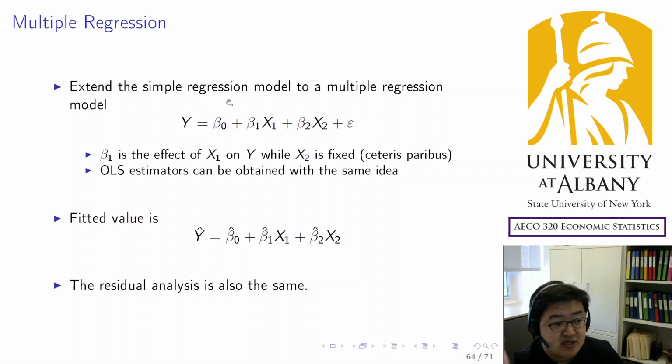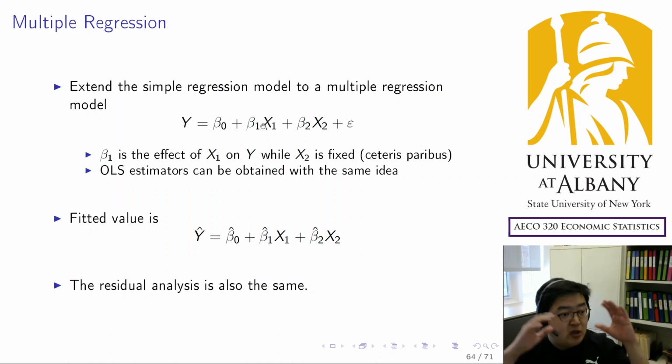That's exactly how we interpreted it before, but you have to add this condition: when x2 is fixed. It's the ceteris paribus assumption common in economics. So when x2 is given and does not change, beta 1 captures how much y changes when x1 increases by 1 unit. That's how you interpret the coefficient when you have more than one variable.